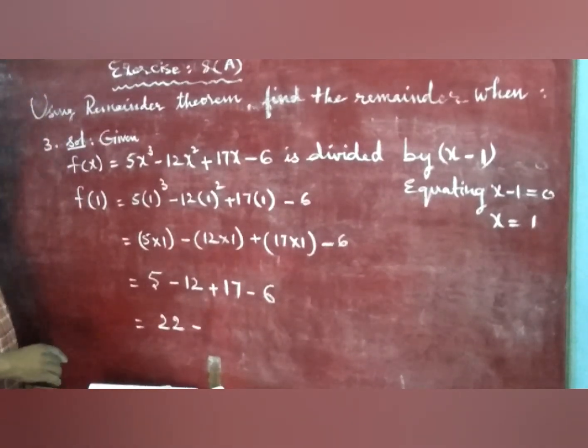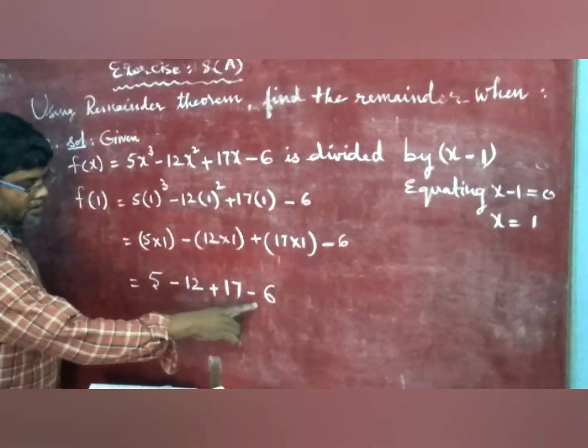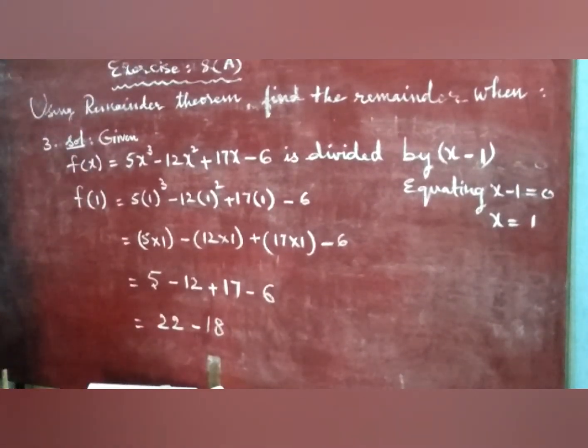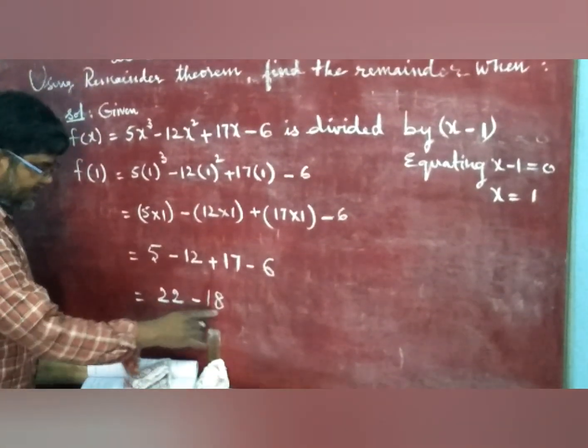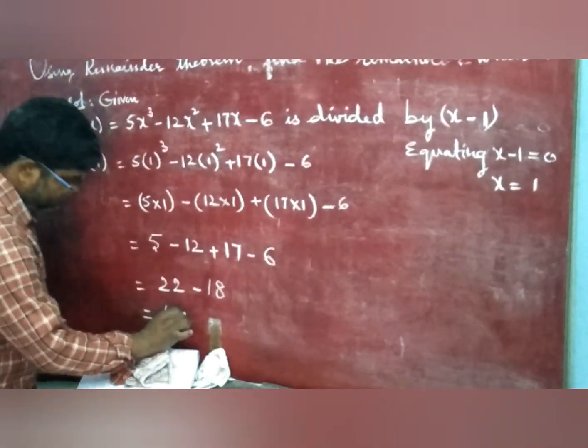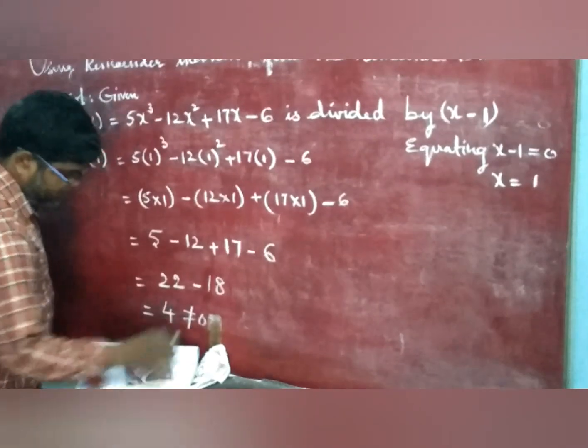Minus 12 minus 6, minus 18. So 22 minus 18 is 4. Is it equal to 0? No. So not equal to 0.